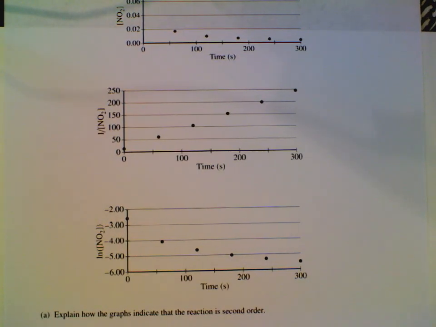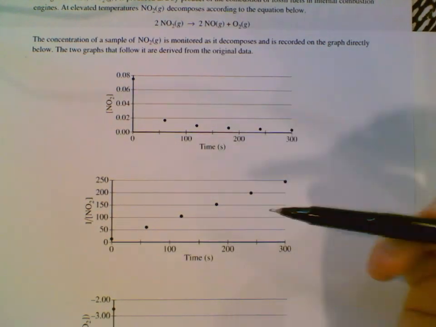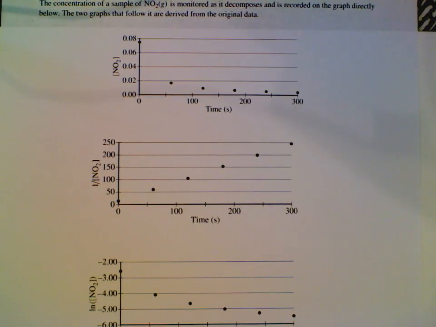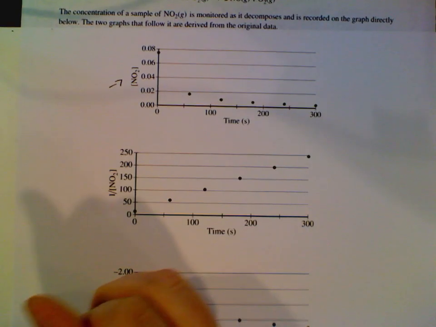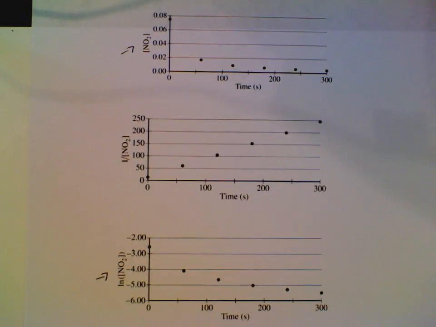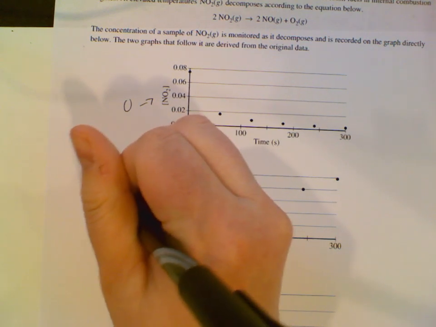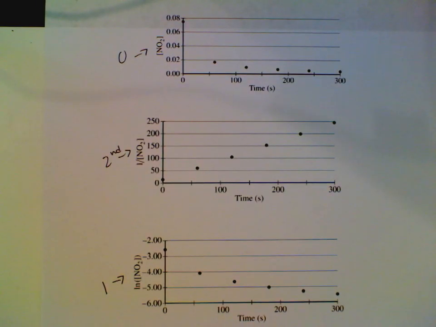And so in your head, you say to yourself, well, you know what? This should be 0, 1, and second order. However, they put them in there, I think, intentionally mixed up to screw you up. So this is 0 order. Natural log is first order, and 1 over is second order.